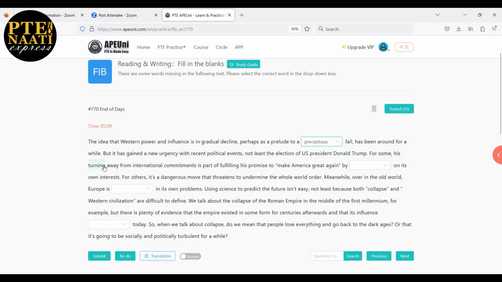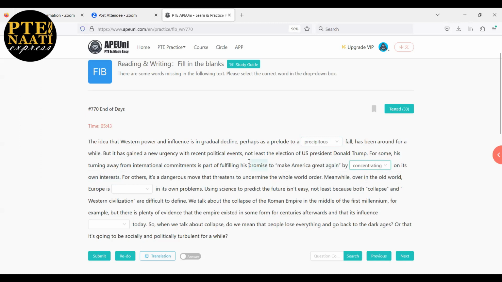For some, his turning away from international commitments is part of fulfilling his promise to make America great again by concentrating on its own interests.